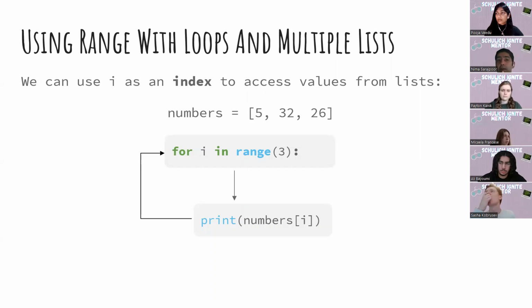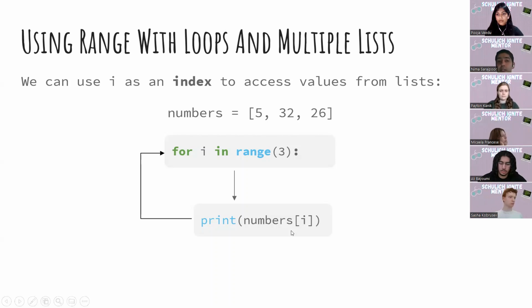So you can say for item in numbers, print item, right? But we are trying to understand how the index works here. So instead of going through the items, we are going through the indices. So for I in range 3, whenever you see range 3, you should keep in mind that it is some sort of list that starts from 0 up to 3 exclusively. So this is 0, 1, 2, right?